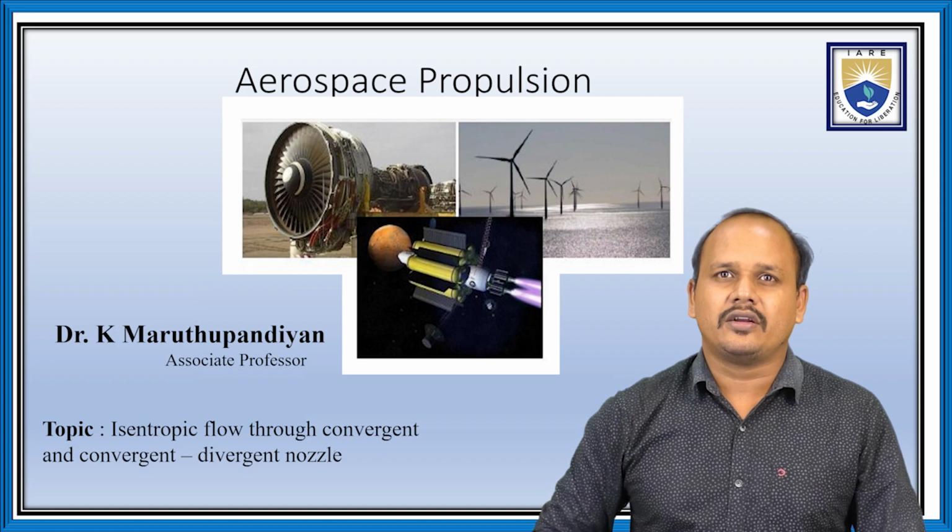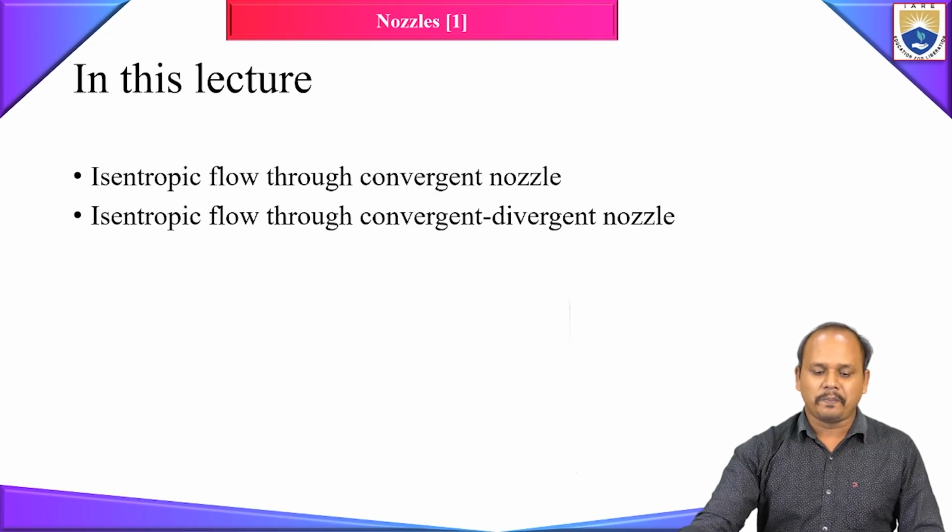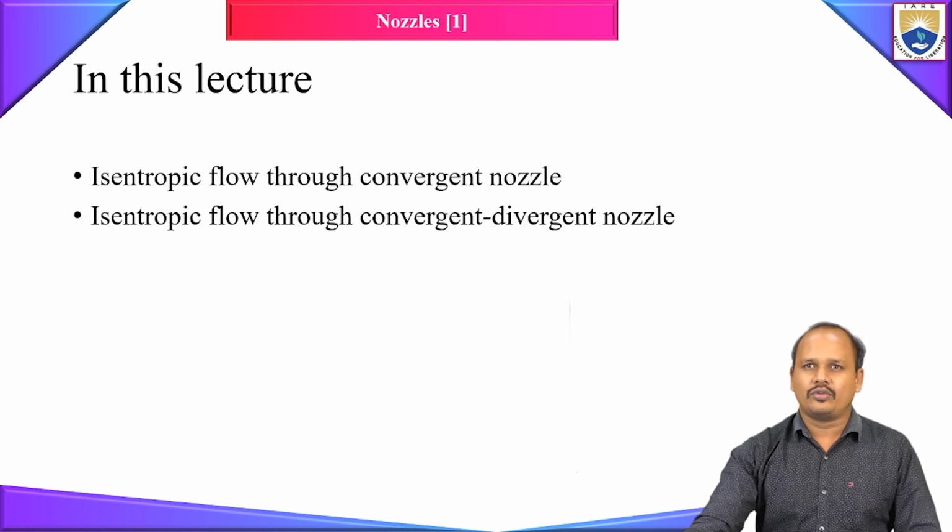Today's lecture is about isentropic flow through a convergent nozzle and isentropic flow through a convergent divergent nozzle. We are going to see what Mach number we can generate using the convergent nozzle, why we need the convergent divergent nozzle, and what isentropic flow through these nozzles means. Here we assume that the flow through the nozzle is isentropic.